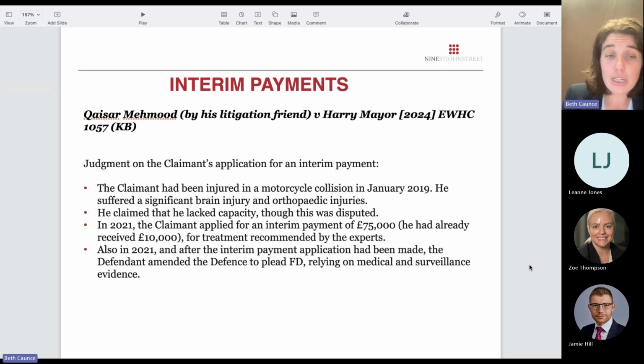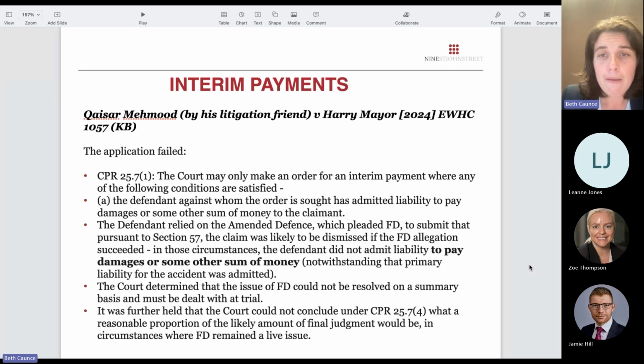He'd already received an interim payment of £10,000 and he applied for a further payment of £75,000 for treatment that had been recommended to him by the experts. After that interim payment application had been made, the defence was amended to positively plead FD based on some medical and surveillance evidence that had been obtained.